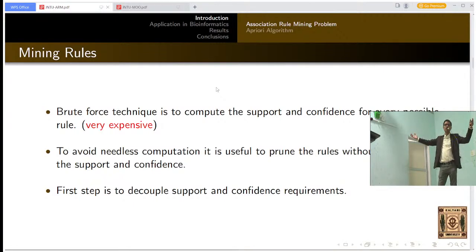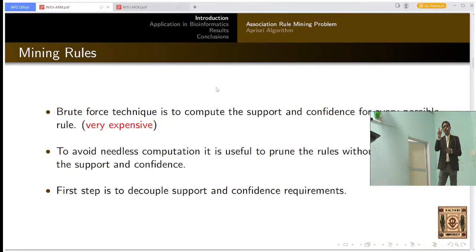So out of 1000, in a transaction only 20 items are purchased, maximum. Another transaction, only 5 items. Another transaction, only 1 item. So the whole data set is very sparse.